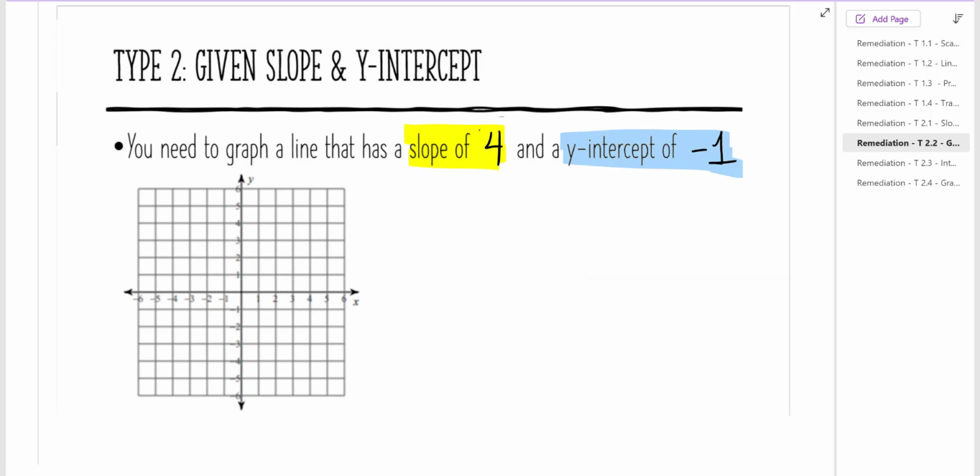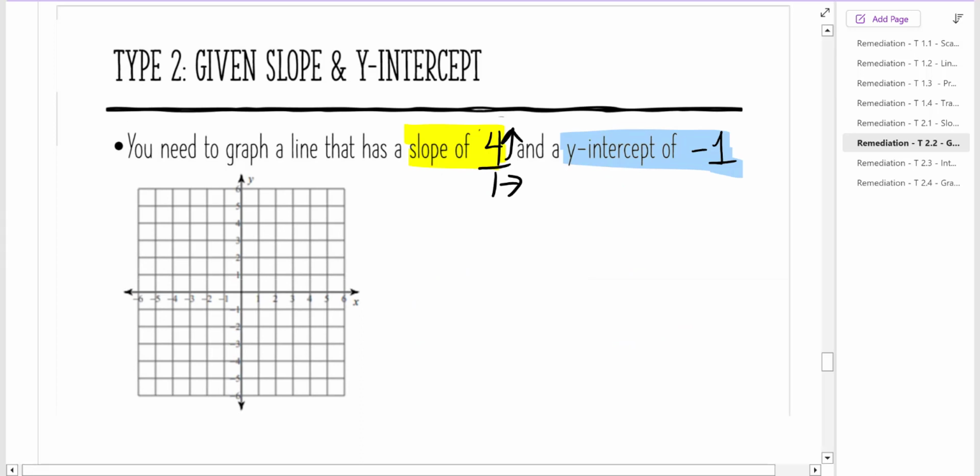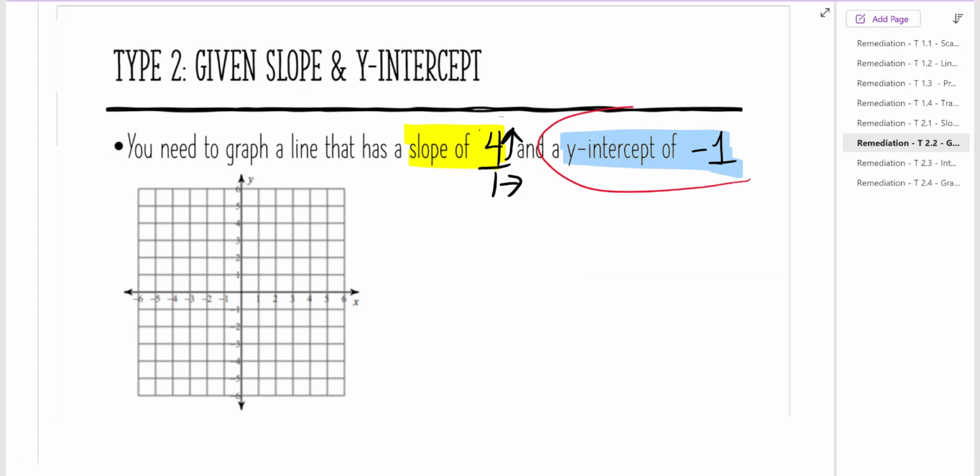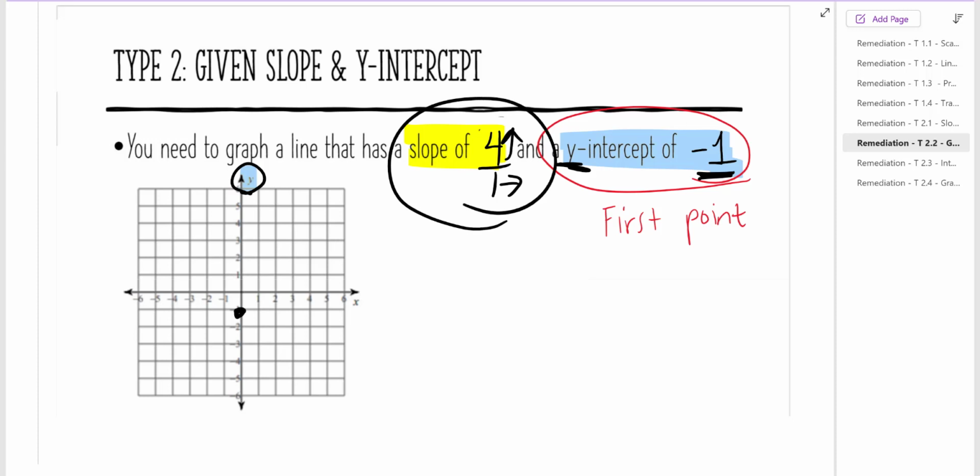Practice number 2, slope is 4 over 1, so that means up 4, right 1. But your first point is the y-intercept. So the y-intercept is negative 1, so negative 1 is here. Right, y-intercept is negative 1. Okay, now I'm going to go up 4, right 1.